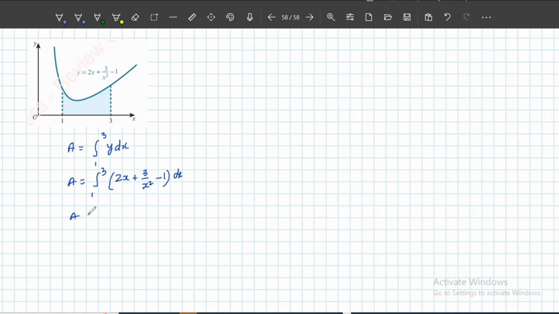We can do one more step: integral from 1 to 3 of 2x plus 3x to the power minus 2 minus 1 dx, and next we can apply the integration.